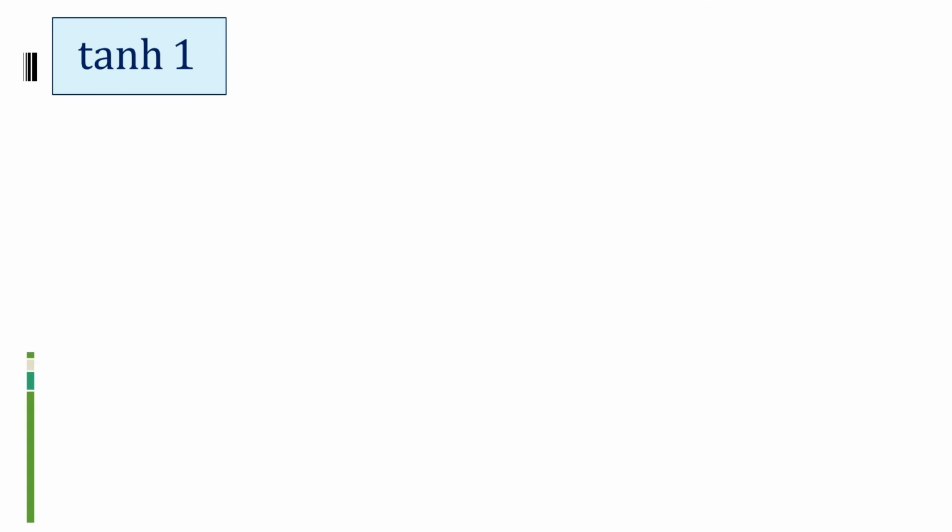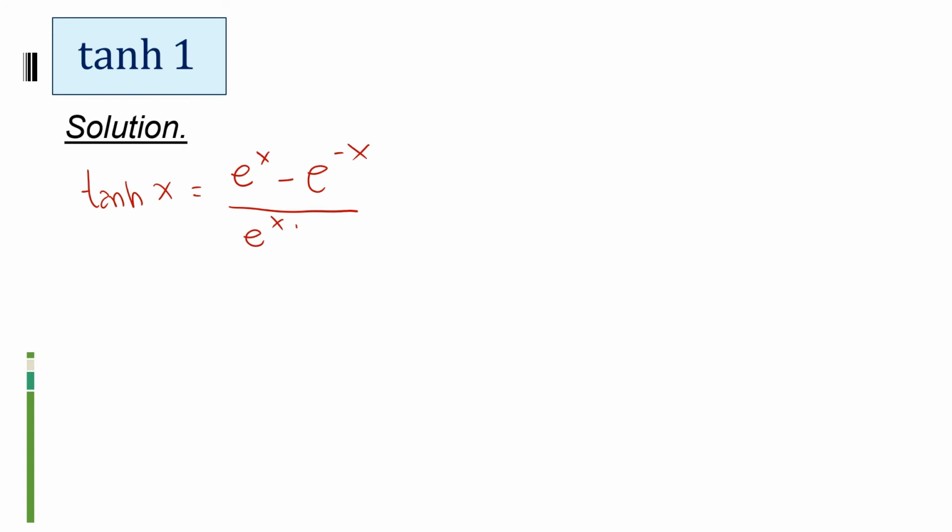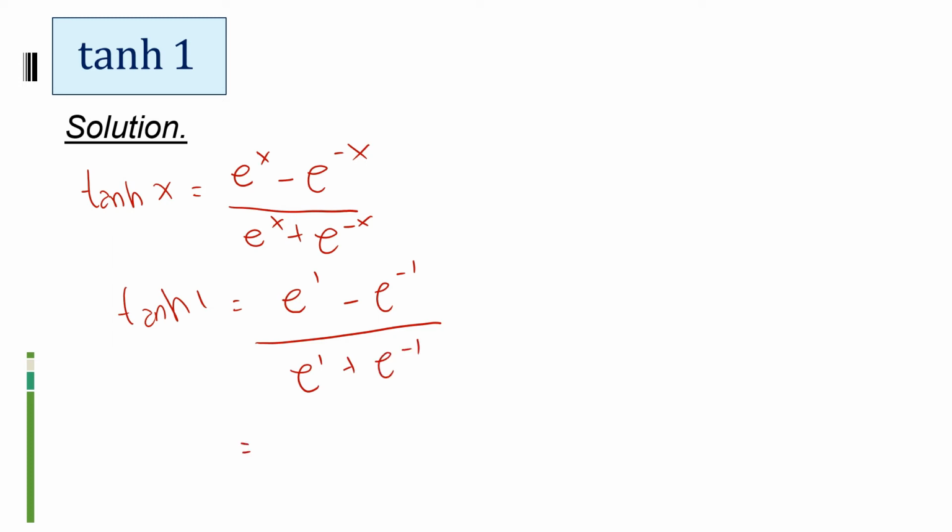For the exact value of the hyperbolic tangent of 1, we have hyperbolic tangent of x equals e raised to x minus e raised to negative x over e raised to x plus e raised to negative x. So that is now e raised to 1 minus e raised to negative 1 over e raised to 1 plus e raised to negative 1. And we know that e raised to 1 is just equal to e.